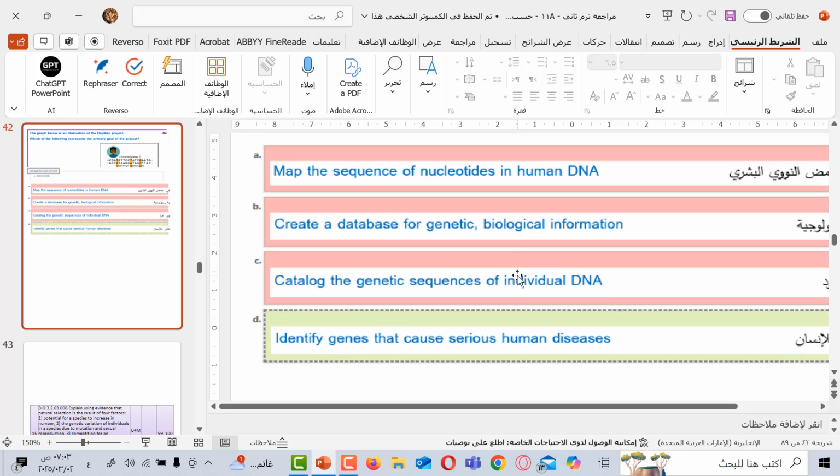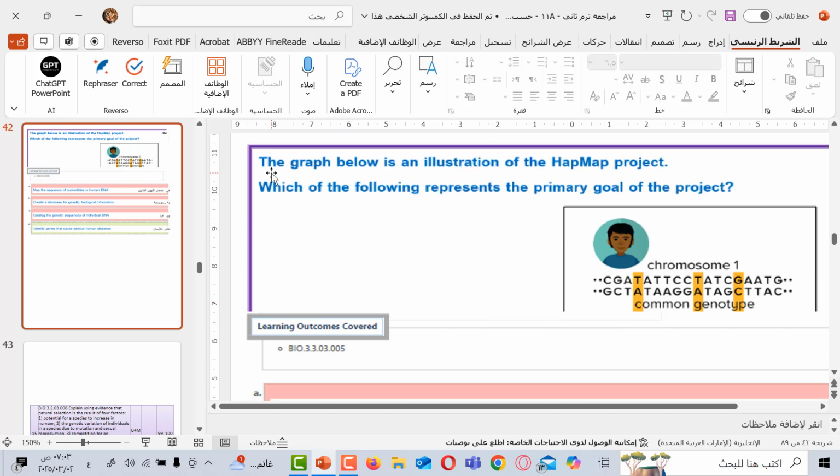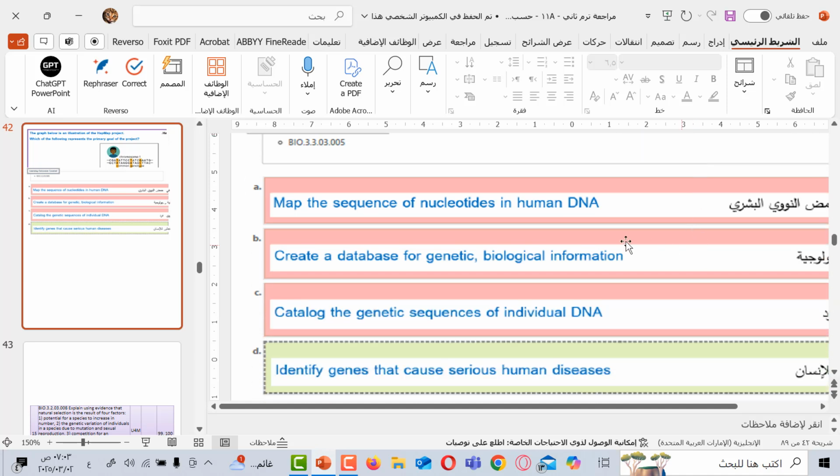All right, if we see this picture, he asked: the graph below is an illustration of the HapMap project, which of the following represents the primary goals of the project? Map the sequence of nucleotides in human DNA?